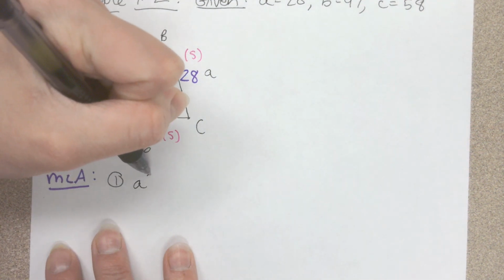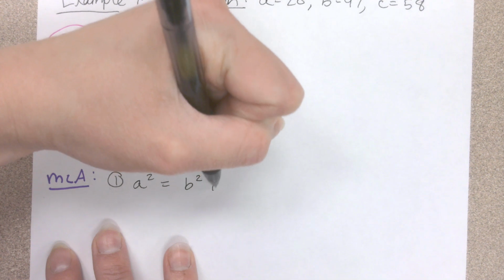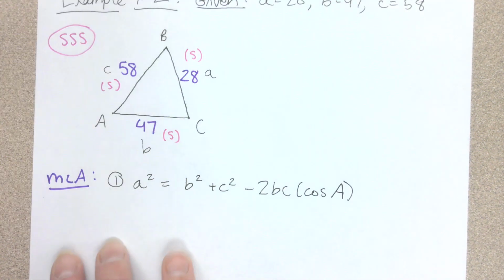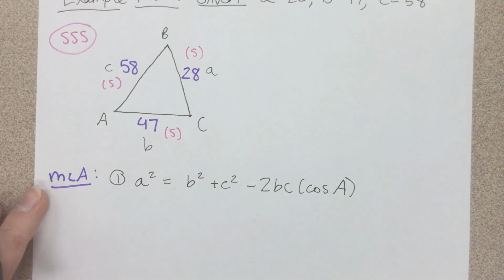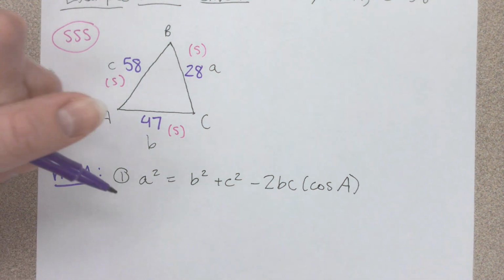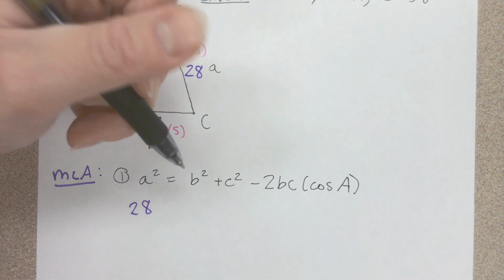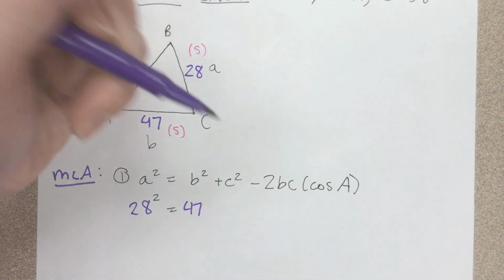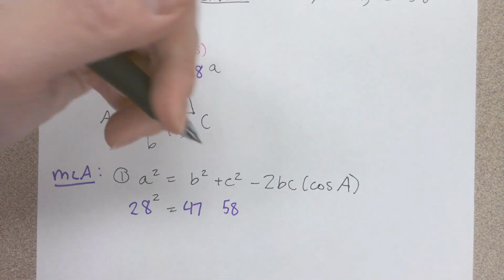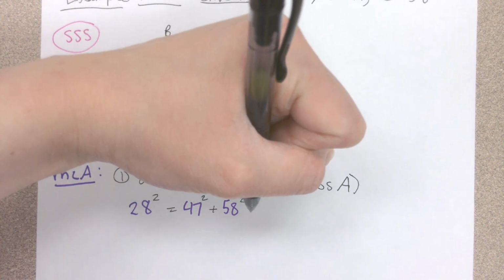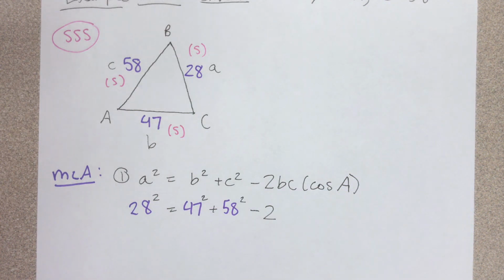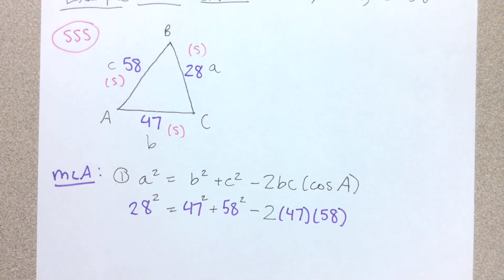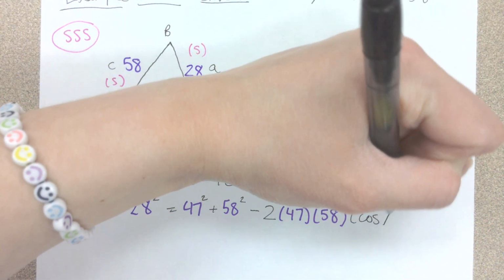First formula, a squared equals b squared plus c squared minus 2bc times cosine of A. Plugging in, a is 28 squared equals b is 47, c is 58, both squared, minus 2 times 47 times 58 cosine of A.